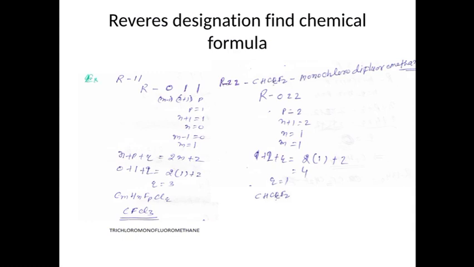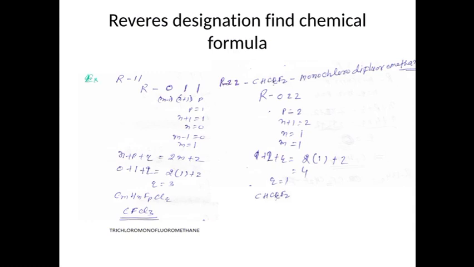Then we correlate this with the chemical formula CmHnFpClq. You get C1, since M equals 1, so C single. Similarly N is 1, so H will be 1 molecule. Similarly Q is 1, so chlorine will be 1. P is 2, so F in the suffix is 2.